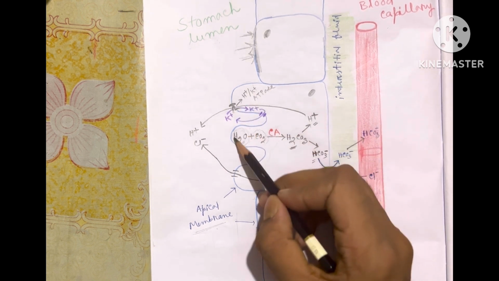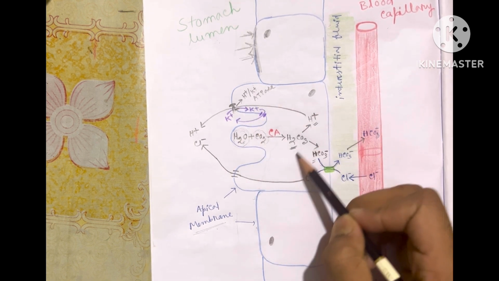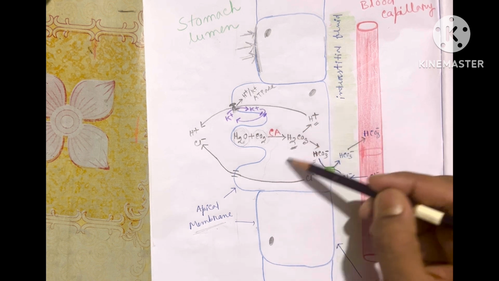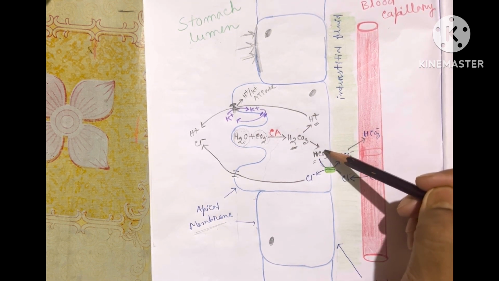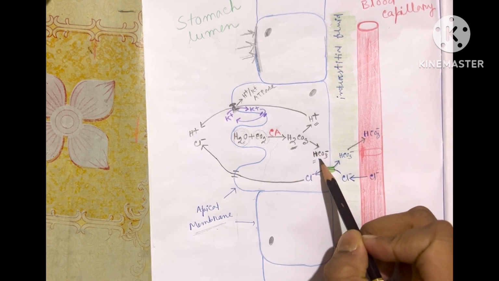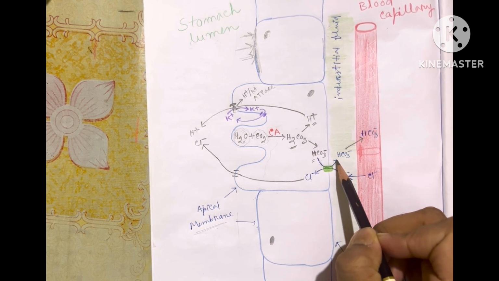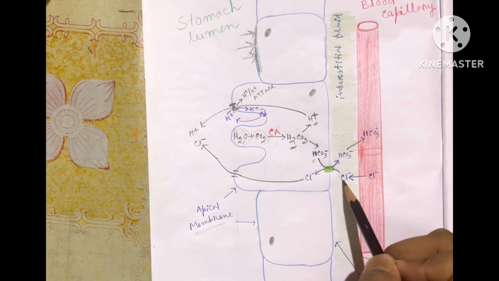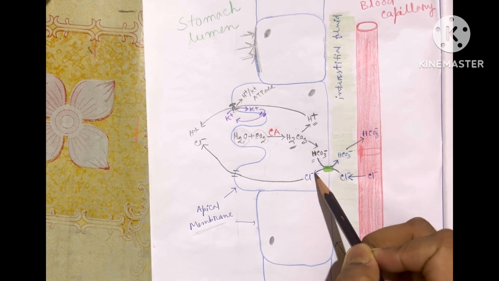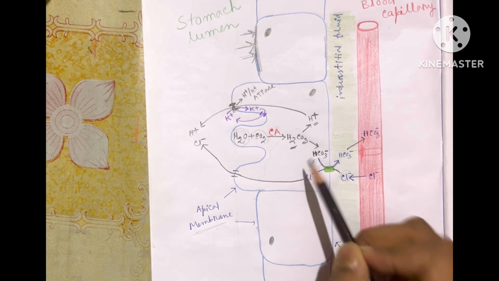This is the finger-like cell. I have already told you this is the parietal cell, and everything will be going on inside the parietal cell. So once bicarbonate ions form, they slowly move towards the interstitial fluid, and from the interstitial fluid, chloride ions will slowly come into our parietal cell.